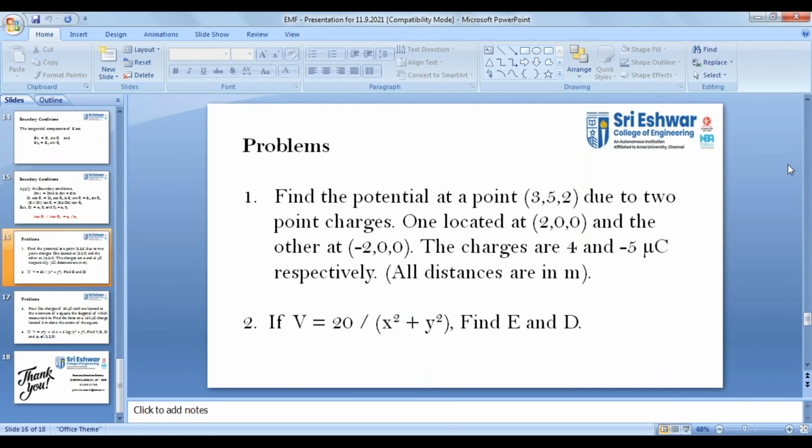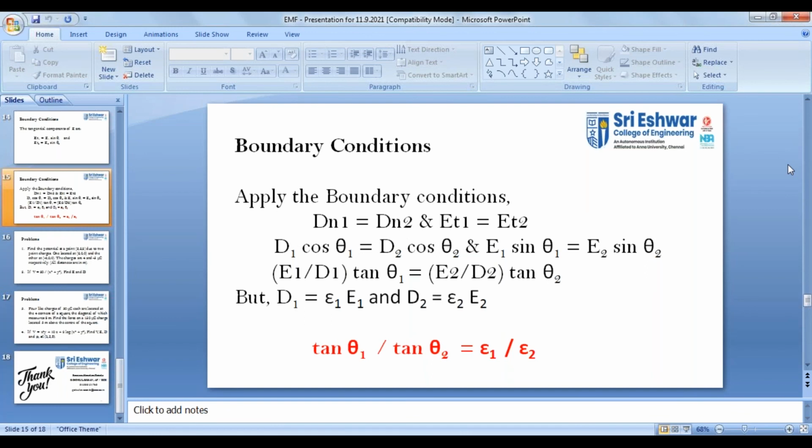The next slide is regarding problems, which we will see later because the time is up now. I have taken one more minute extra from our class. Okay, any doubt on boundary conditions, Raja? With this we will close our session. If there is any doubt I will address it, otherwise we will stop. No doubt, sir. Clear, sir. Okay, it's clear.